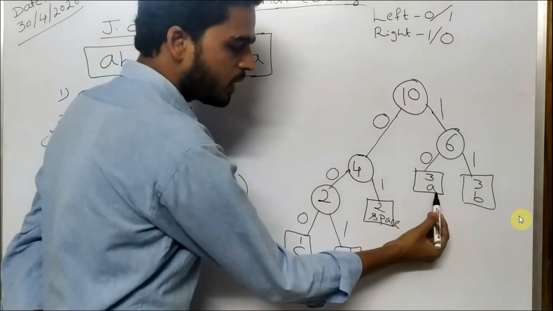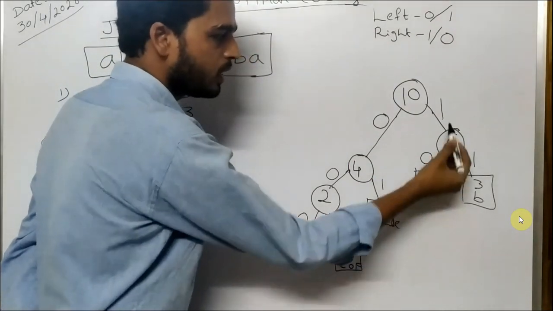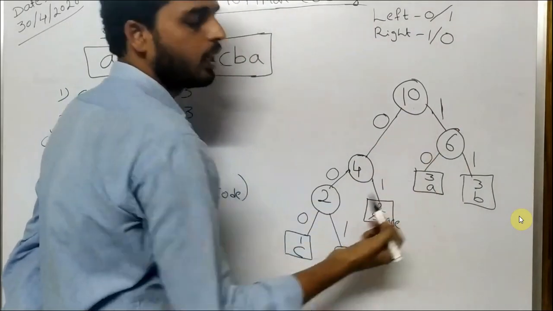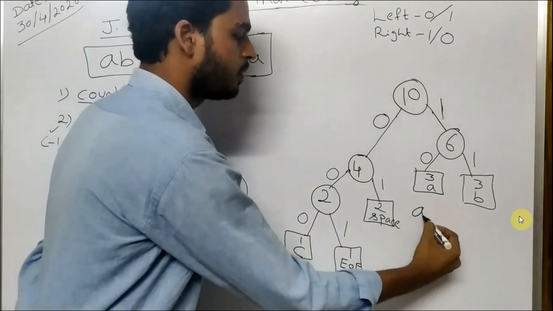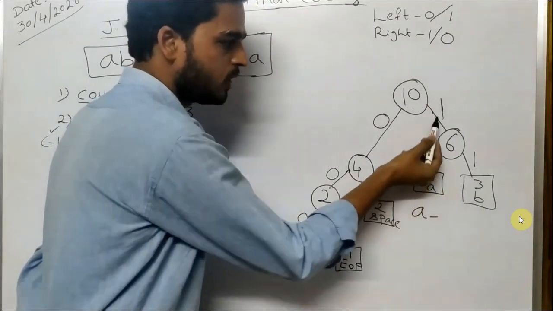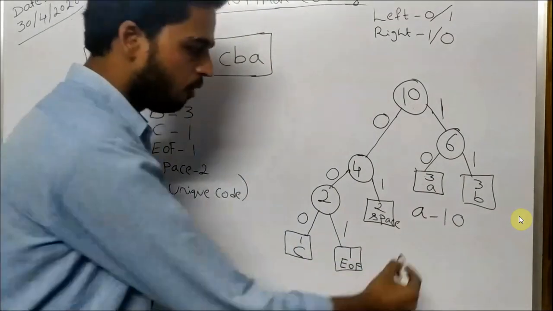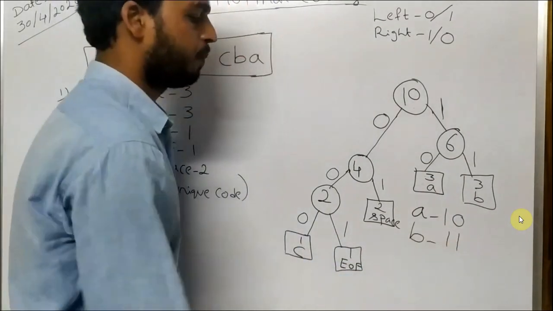So the unique code for the external leaf node A is the edge numbers from root to the corresponding external leaf node. For A, from root to the corresponding external leaf node, the edge weights are 1, 0. For B, the edge weights are 1, 1.